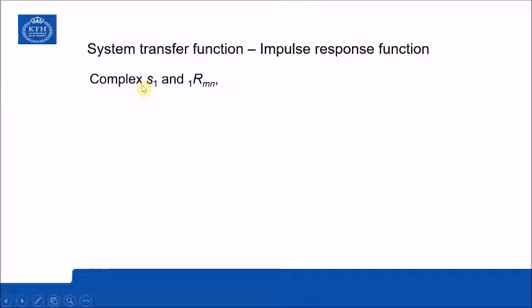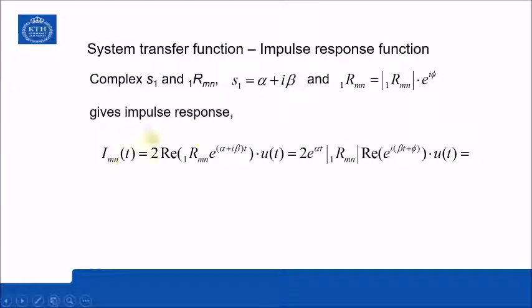If we consider now the fact that both the pole and the residue must be complex valued, then we can express the pole as a real part alpha plus i times imaginary part beta. And we can express the residue in polar form like this: the magnitude, the absolute value, times the exponential raised to the imaginary unit times the phase angle phi. If we introduce this into the expression for the impulse response function, we get this expression.